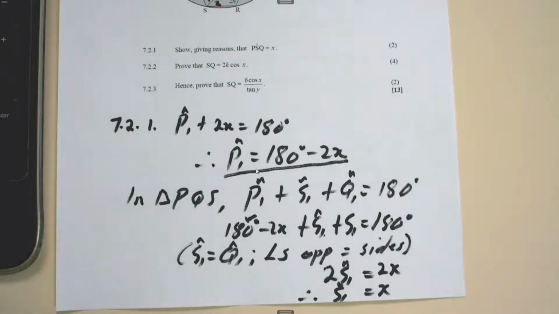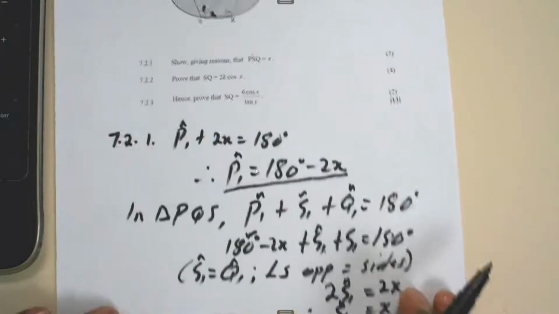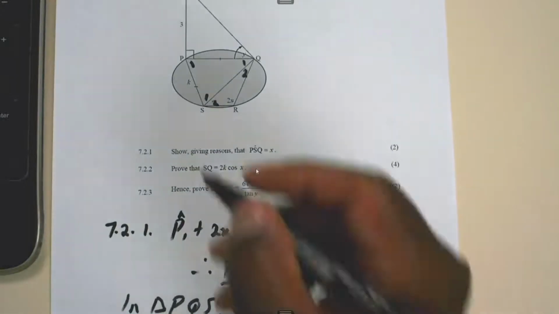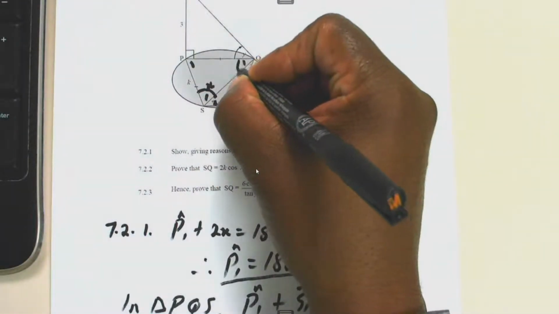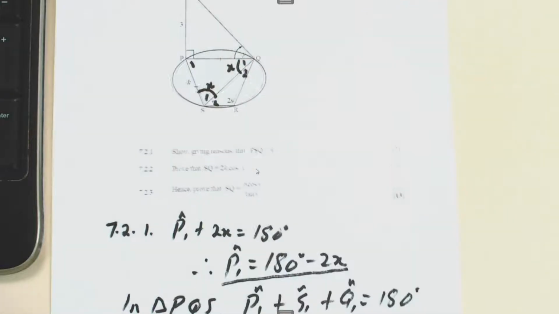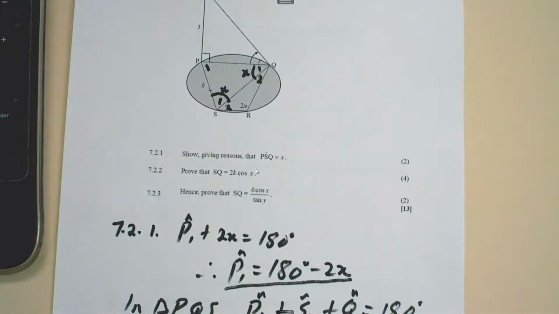So you must, from time to time, apply Euclidean geometry theorems. That is the solution to the first one. S1 is equal to X. We have calculated that this angle is equal to X. Even this one, because they are angles opposite equal sides, is also equal to X.